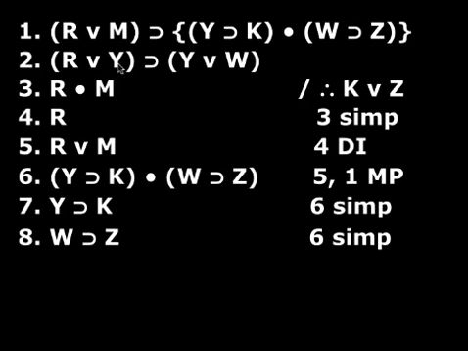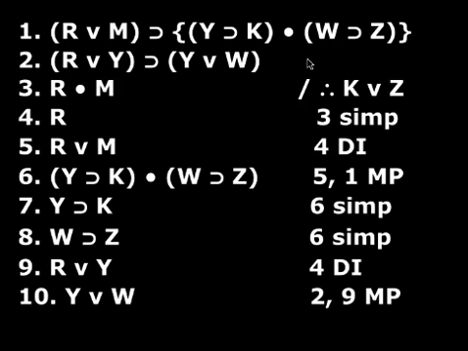I've done my modus ponens here. Another thing I can do is R or Y to get modus ponens there. Okay, so I'm going to do that. R or Y, DI on line 4. Now I have the antecedent of the conditional on line 2. So I can do modus ponens to get Y or W.